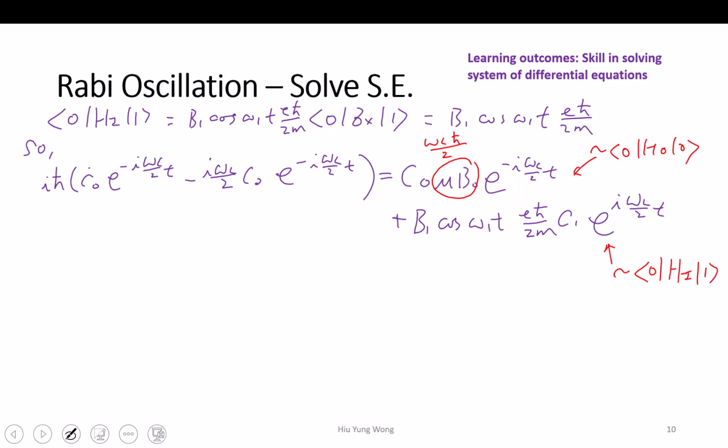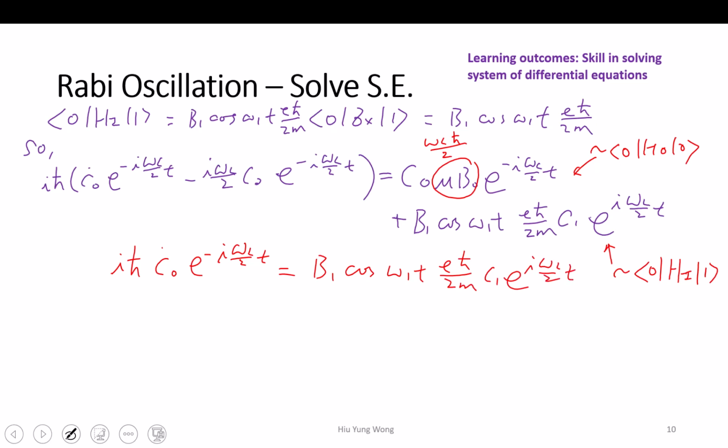As a result, we have iħ C0 dot e to the power negative iω_L/2 t equals B1 cosine ω1t eħ divided by 2m C1 e to the power iω_L/2 t.